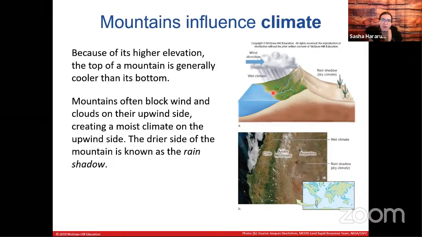At the foot of the mountain you may have a forest, but at the very top, you may have alpine vegetation. You may have grasses growing and no trees anymore. This is because grasses can survive more efficiently in colder climates, and trees just don't make it there. It may be too cold for trees.